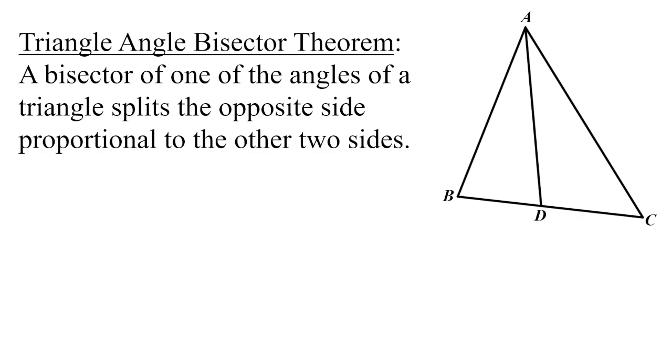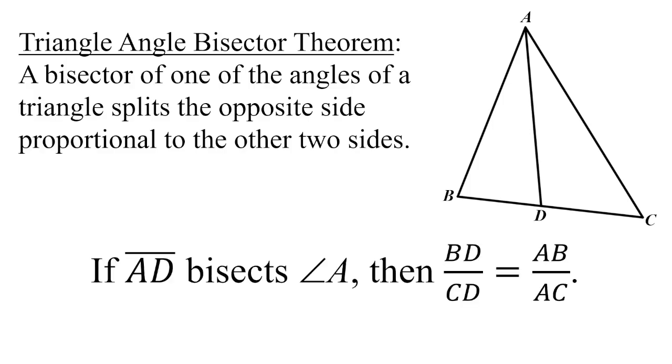So now we have the third theorem, the triangle angle bisector theorem. A bisector of one of the angles of a triangle splits the opposite side proportional to the other two sides.